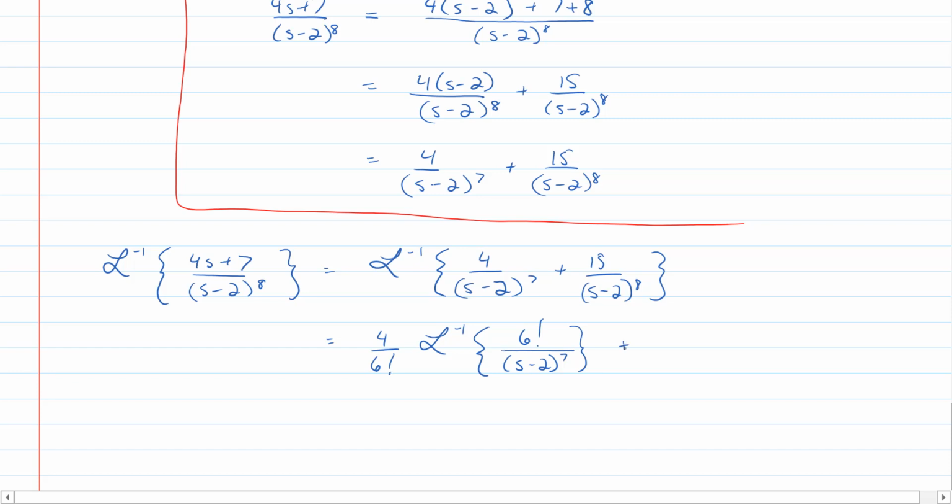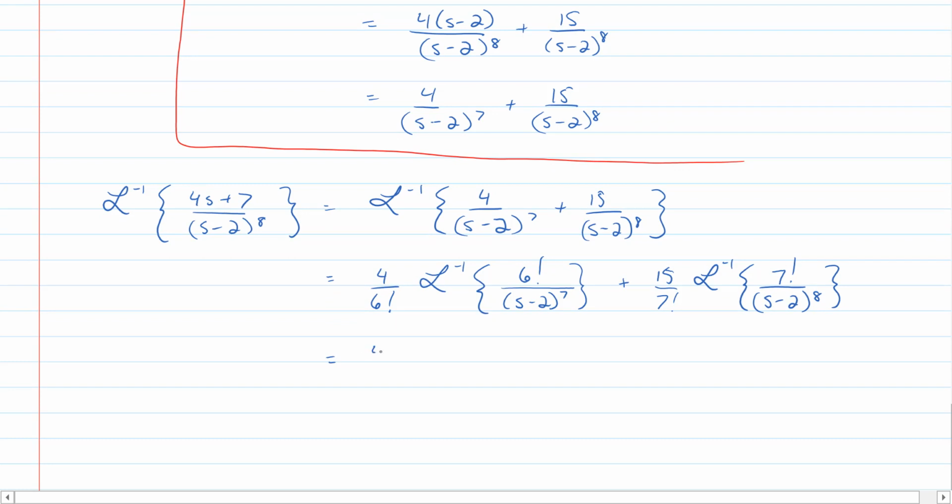Then we're going to do the same thing for the second term. We're going to have 15 times the inverse Laplace transform of, we've got (s - 2) to the 8th power, so it's n plus 1, sorry. And so we want n factorial, or 7 factorial, in the numerator, so we're going to take our 15 and divide by 7 factorial.